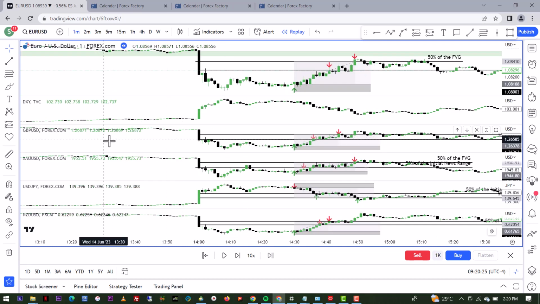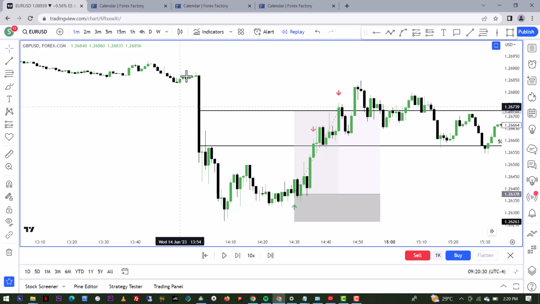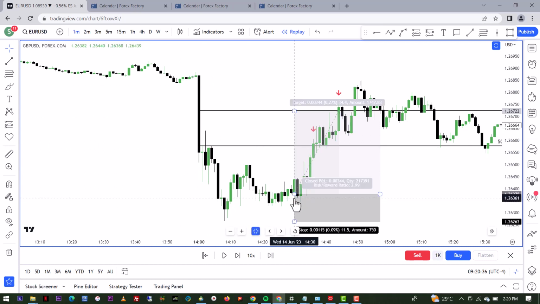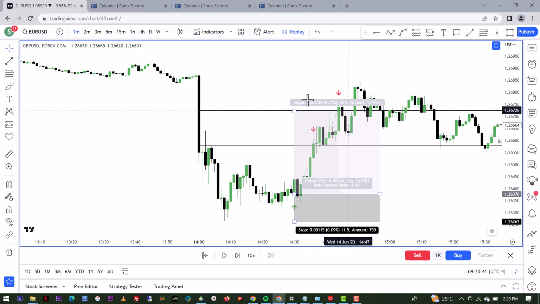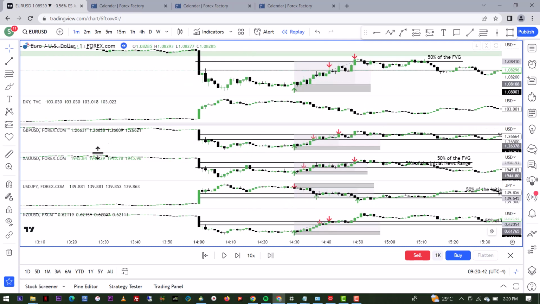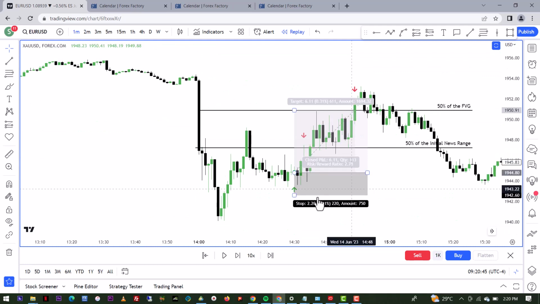For example, GBP/USD over here. This is 2 p.m. And then by 2:30 here we can be a buyer, and then our first profit here, our second profit here. That's another example.